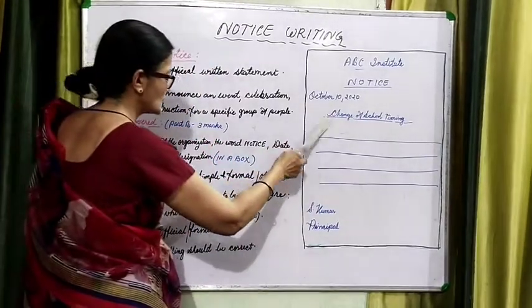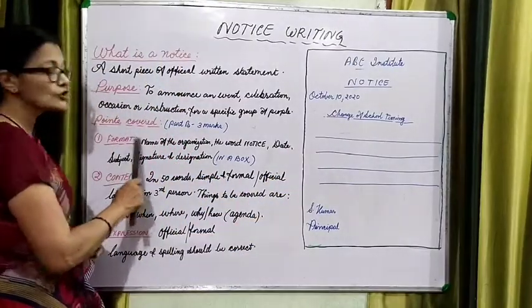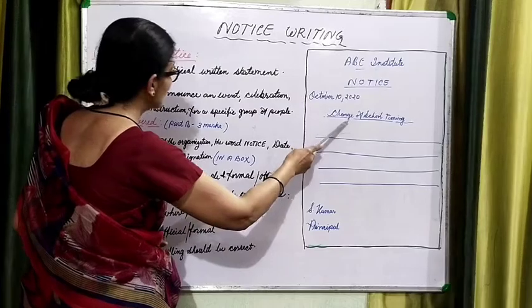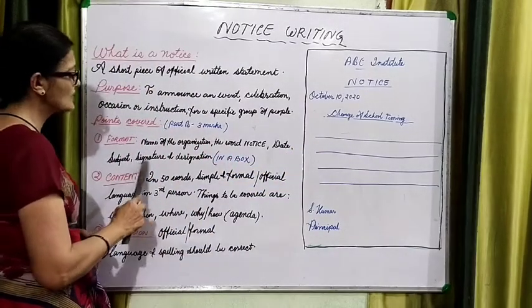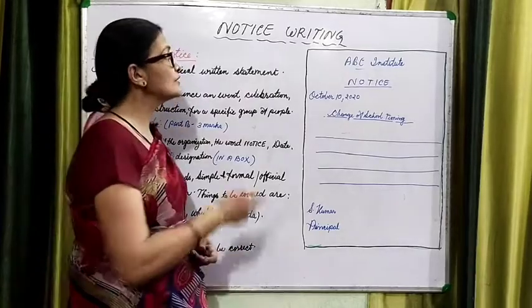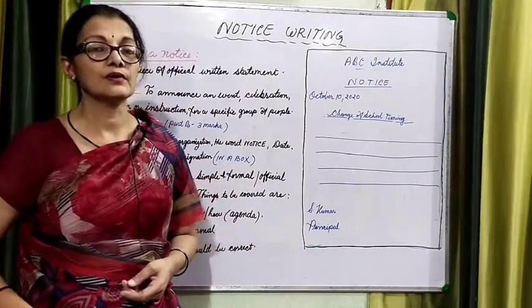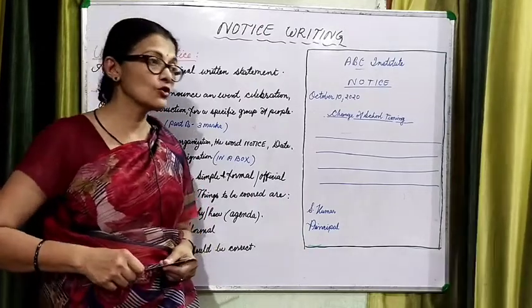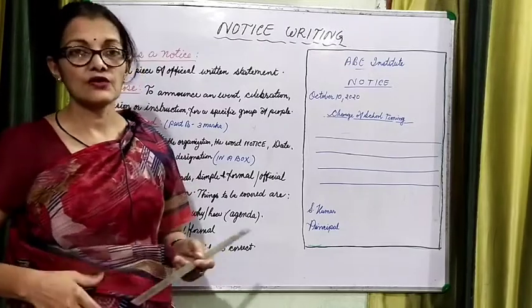So after the subject we have the content, but first I'm going to tell you about the format only. Fine. So this is a part of the format. After that, what comes next? Signature. Children, if this is an official piece of written paper, not something oral like a speech or debate where signature doesn't count, then you have to tell your name.